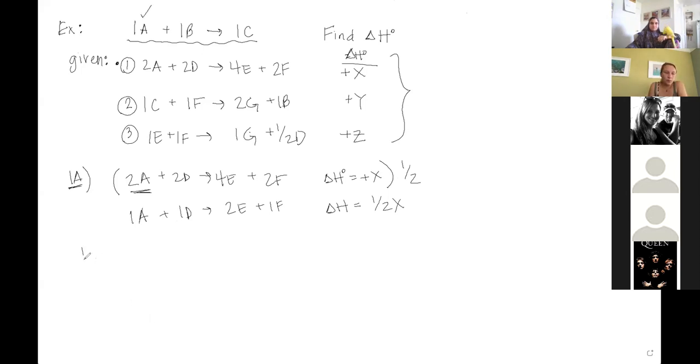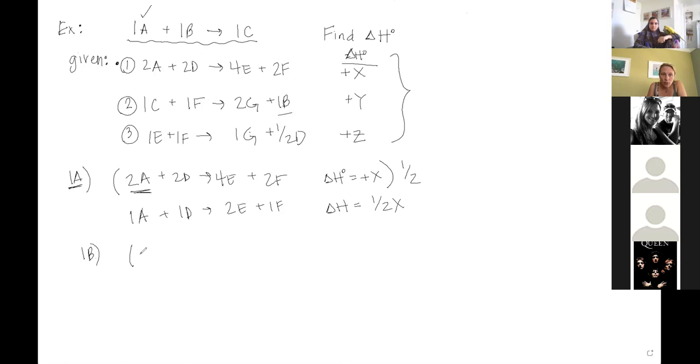Now I'm going to move on to my 1B that I need. So I'm going to look around. I have a B here, and I don't have a B anywhere else. So I'm going to use this equation, but the B here is on the right side of the equation, so I'm going to need to reverse the equation.